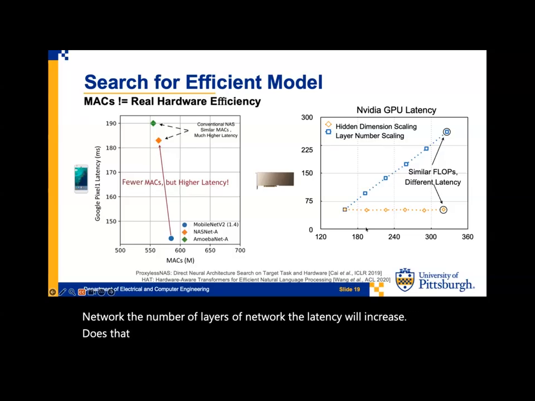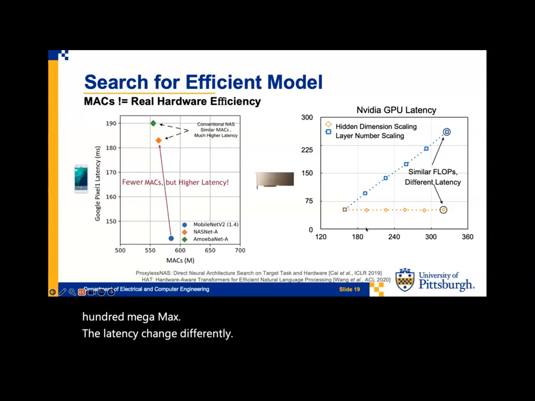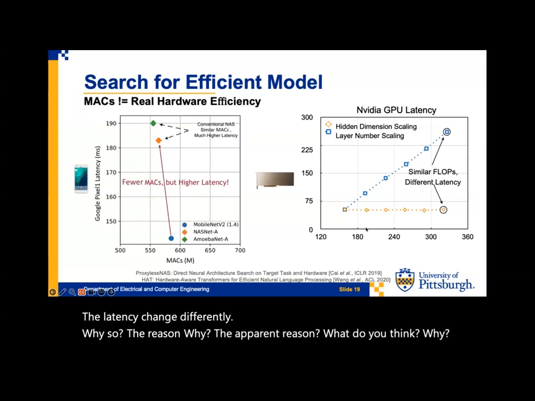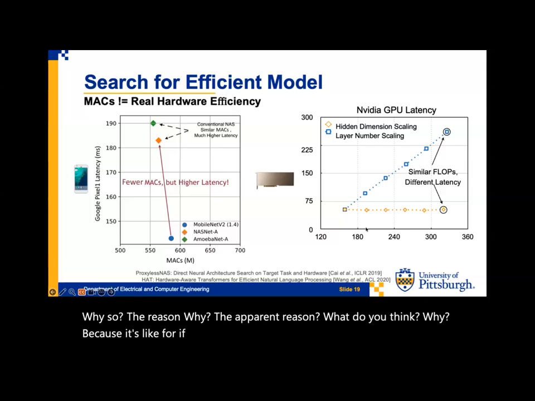So therefore, even though we are adding the same 100 mega MACs, the latency changed differently. Why? So the reason, well, the apparent reason, what do you think? Because if you add layers, then you have to wait for the first layer to complete to give the output to do the computation of layer 2.